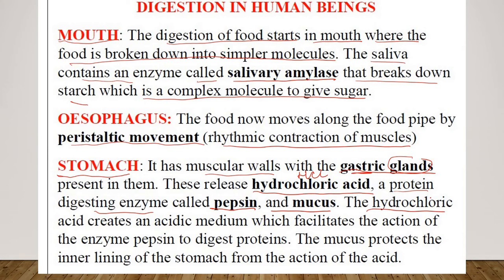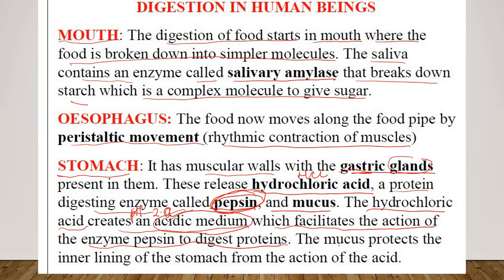The hydrochloric acid, as the name indicates, is acidic in nature, so it creates an acidic medium in the stomach, which facilitates the action of the enzyme pepsin to digest protein. This pepsin enzyme is active only in acidic medium, around 2.0 on the pH scale, which is needed for the enzyme action.